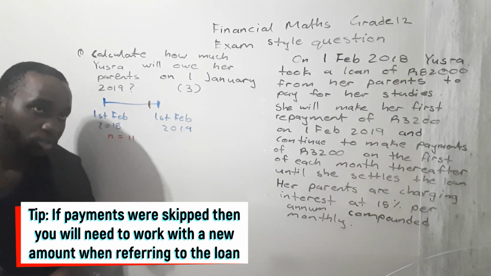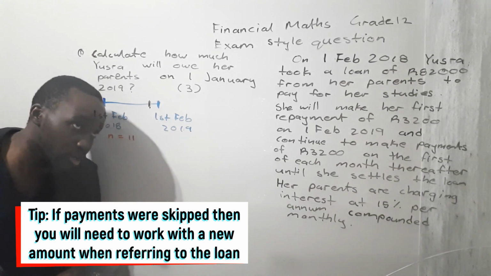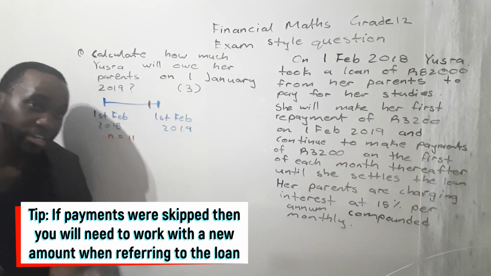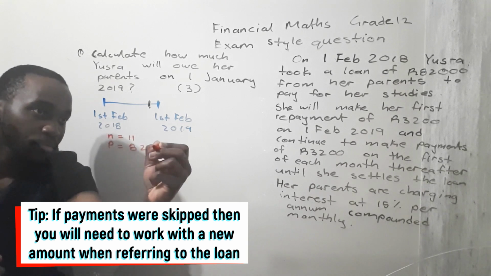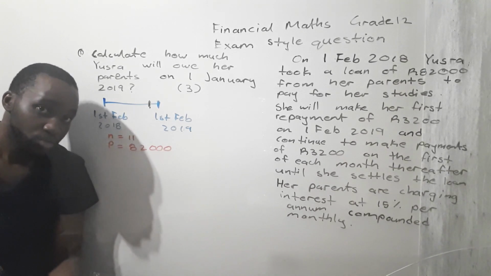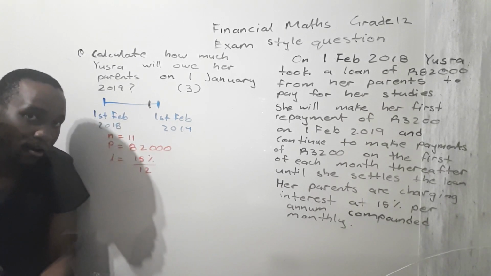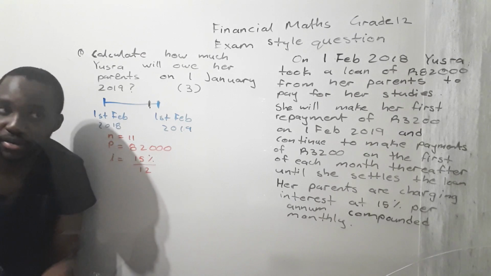There we go. So the one other thing is that we know that this money, which is 82,000, is going to be gaining interest over 11 months. So our value for P is just 82,000. Our value for interest is just 15% over 12 because they said it is compounded monthly.